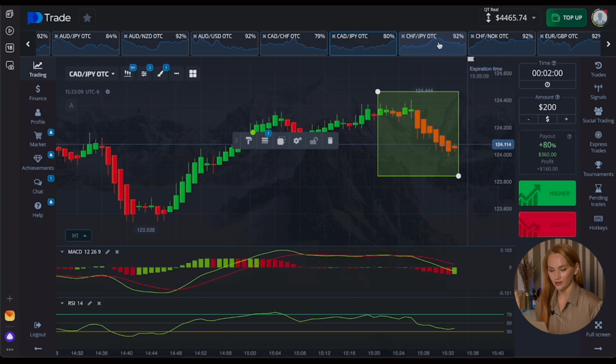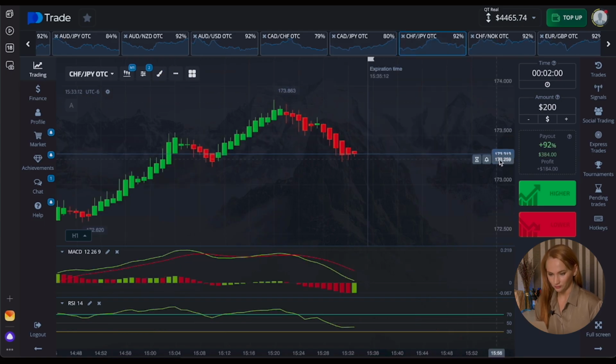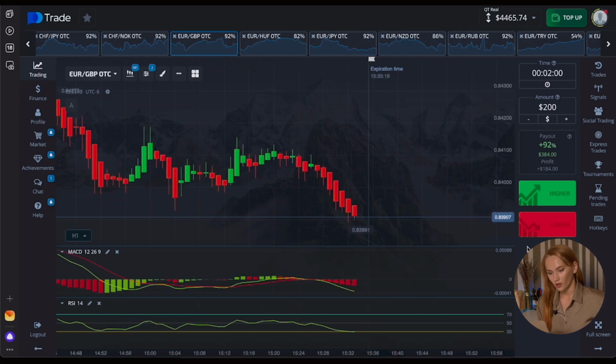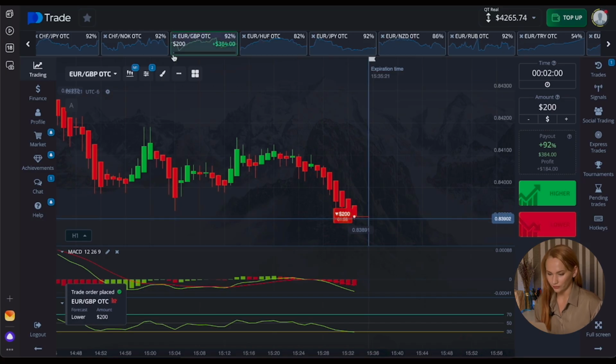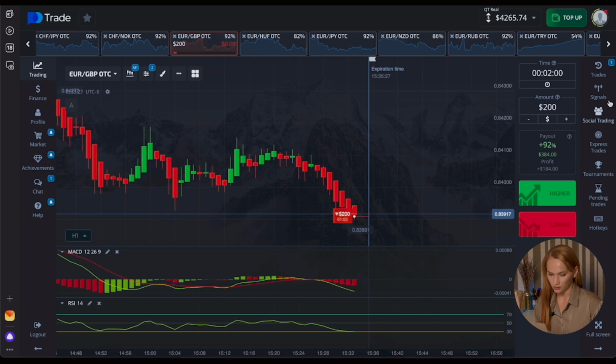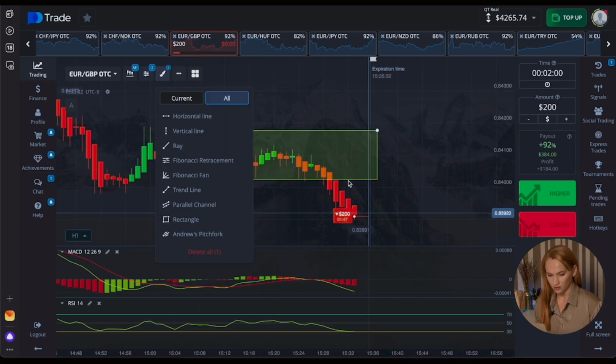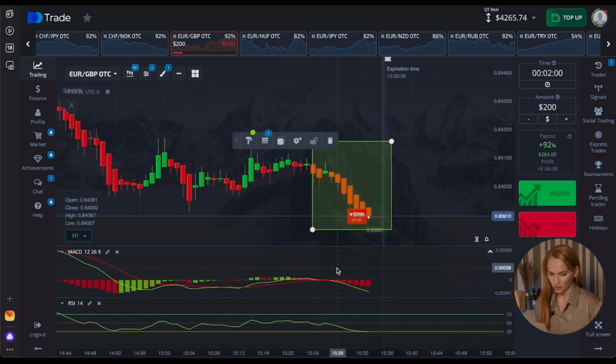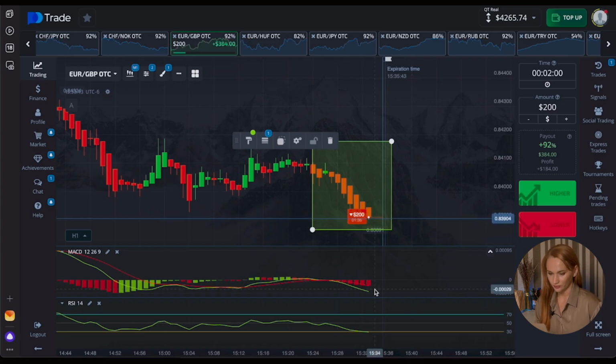Now let's have a look at another deal. I'm opening up a deal of currency pair Euro GBP. You can see that it's a downtrend. We can see the MACD indicator is showing the negative zone. And we can also see the lines crossing and going down.